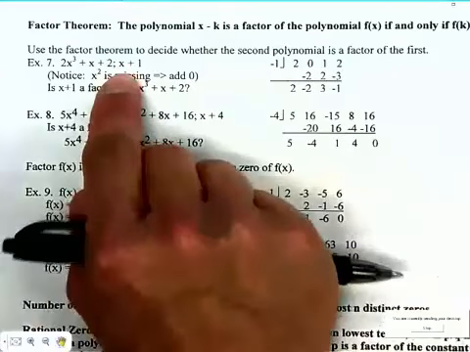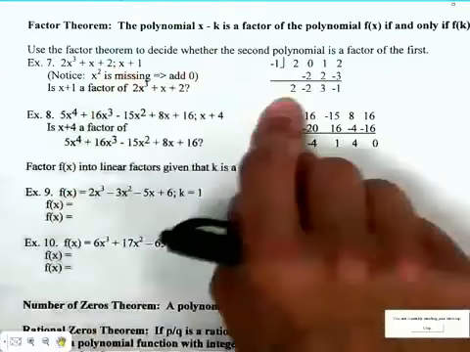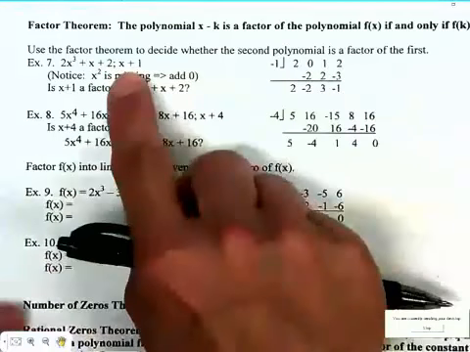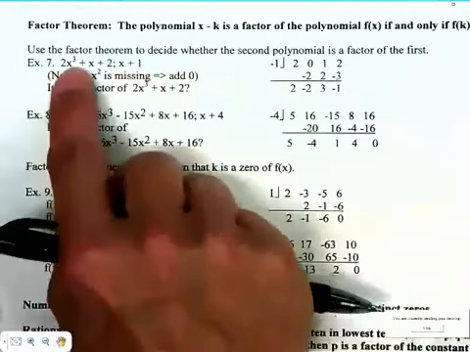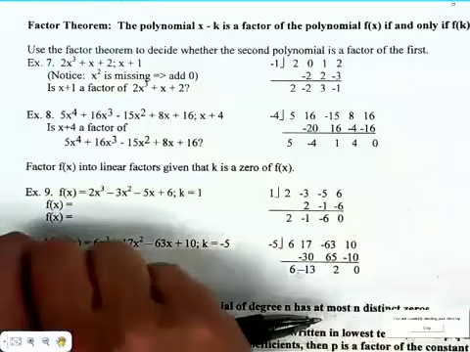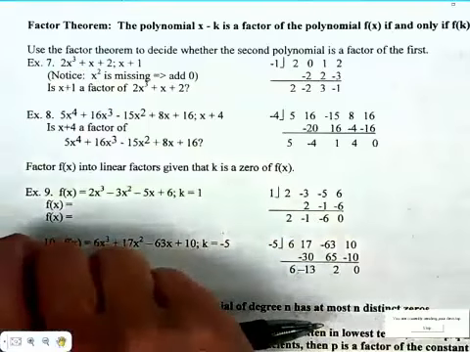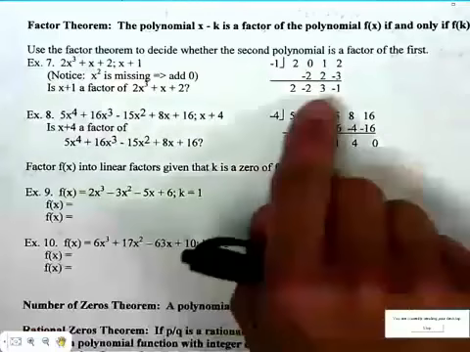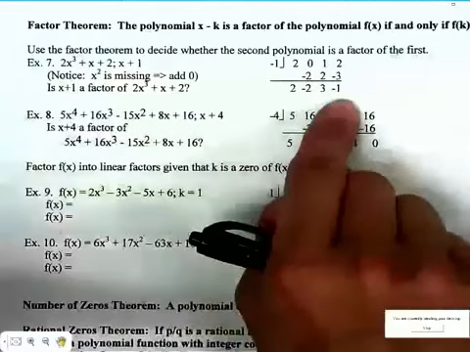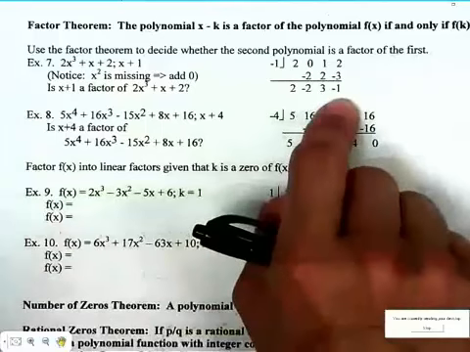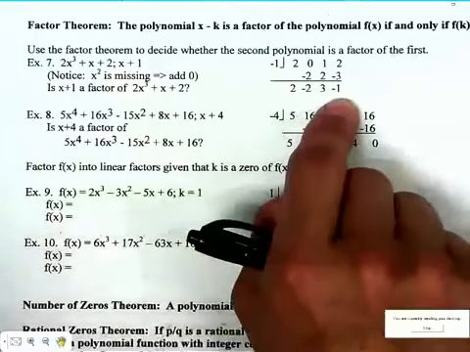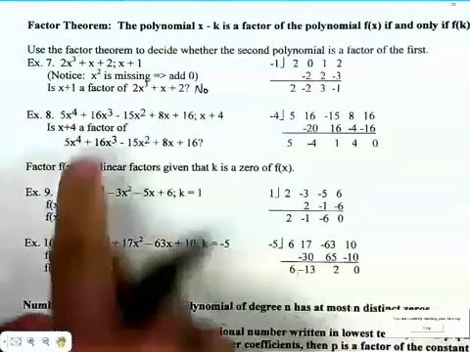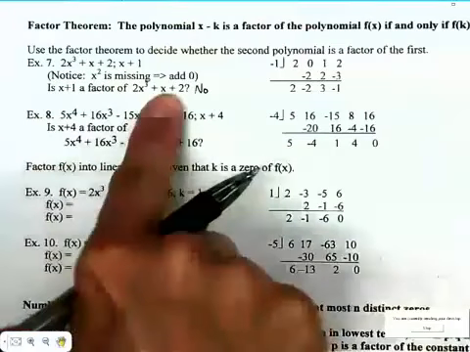All right, so I've already done the synthetic division. Just answer this question for me. Is x plus 1 a factor of this trinomial? No, because why? The remainder is not 0. It didn't divide evenly. I had some left over. So you're only looking at the remainder to answer the question, is x plus 1 a factor of that? Well, not if there's a remainder other than 0.